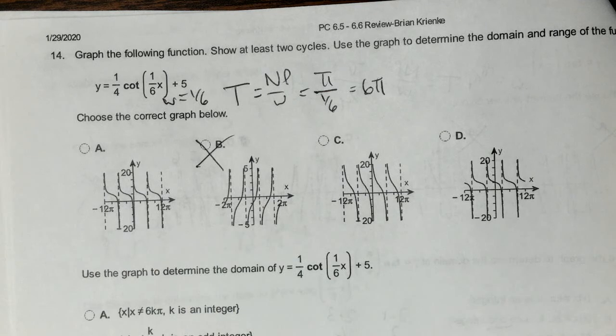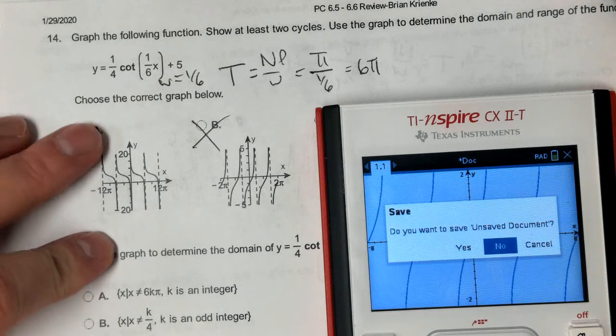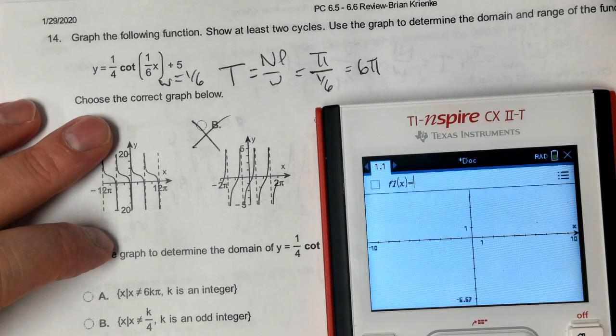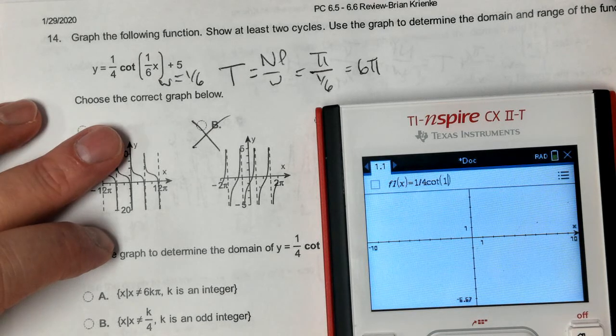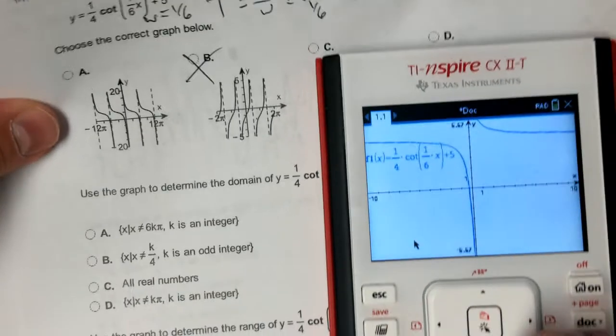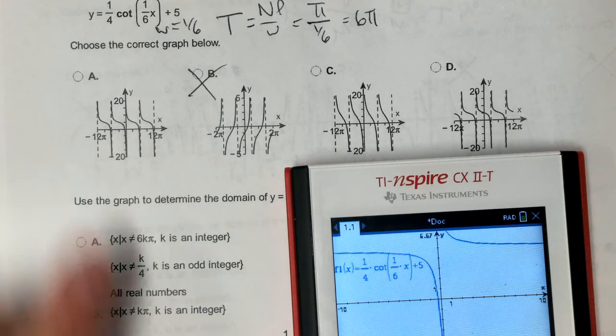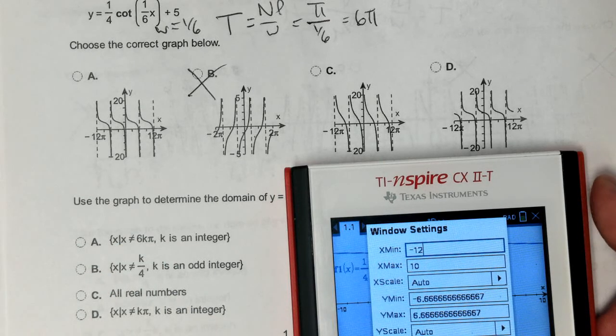Okay, so then let's graph it. One-fourth cotangent 1/6 x plus 5. Okay, so at this point it just looks like that, but all these have negative 12 pi to 12 pi, and from negative 20 to 20.